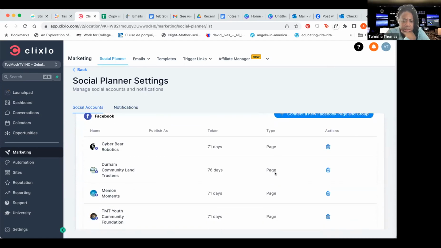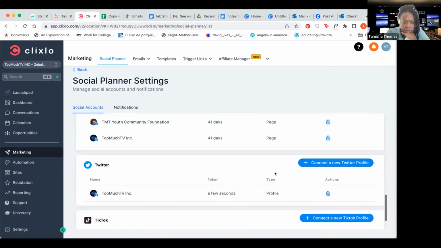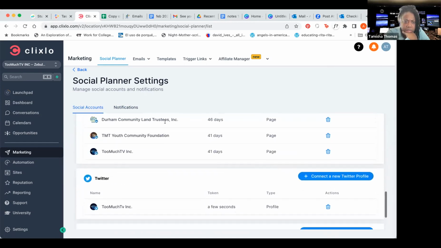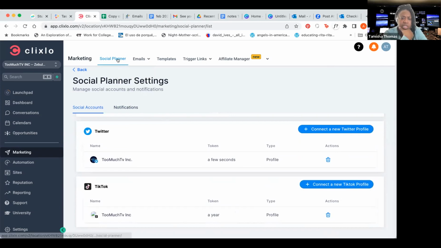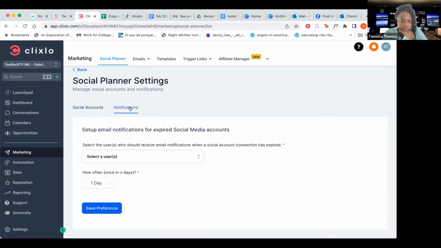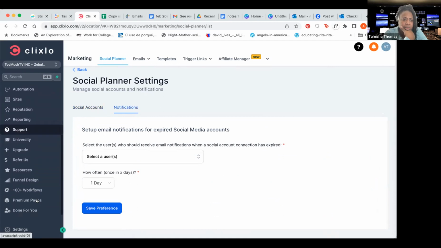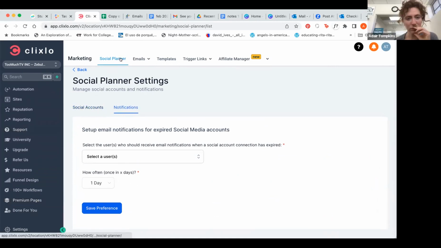Okay. Go to notifications. Select user should receive email notification on social media account. The connection has expired. Campaign, the social media have a drop down button. This one?